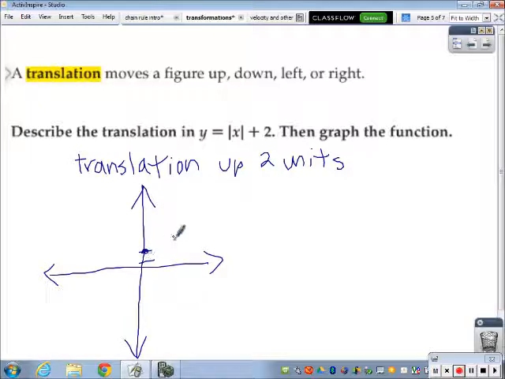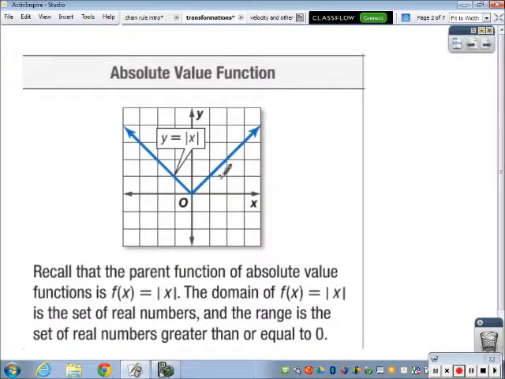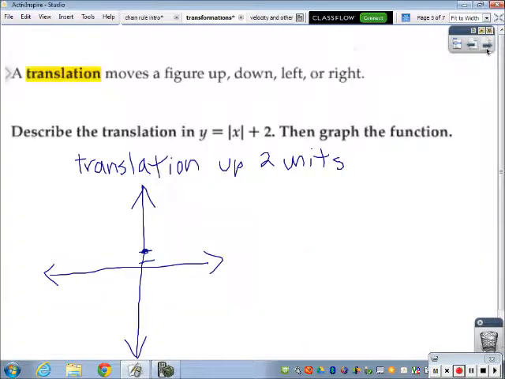We know that the slope on the left of the absolute value parent function is -1, and the slope on the right is +1. If we look at it, it goes up 1 over 1, up 1 over 1, up 1 over 1. We don't have anything in our equation here that affects that slope, so I'm going to use the same slope, up 1 over 1, up 1 over 1.